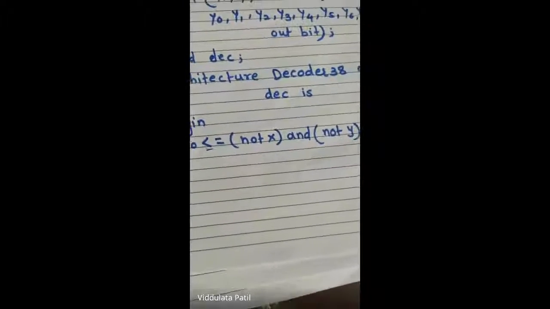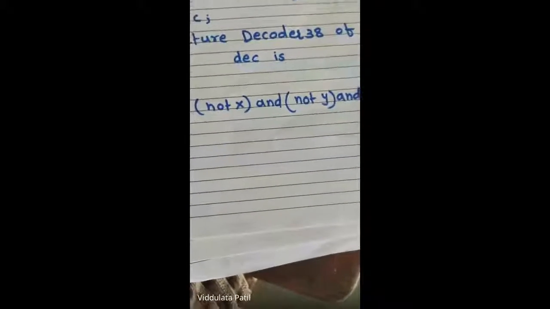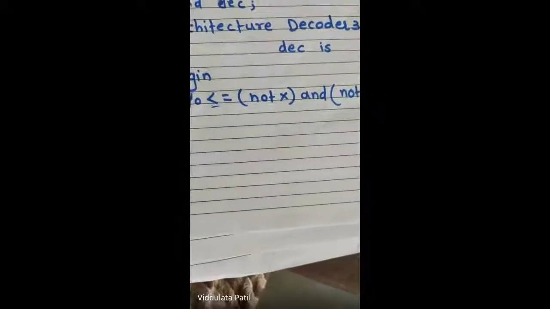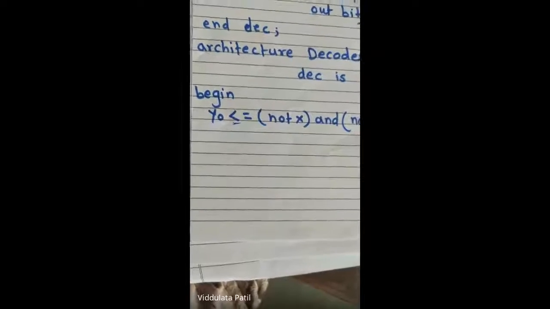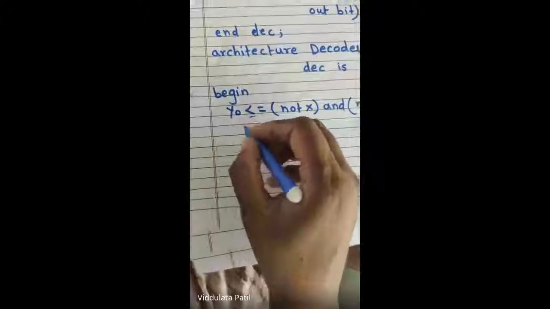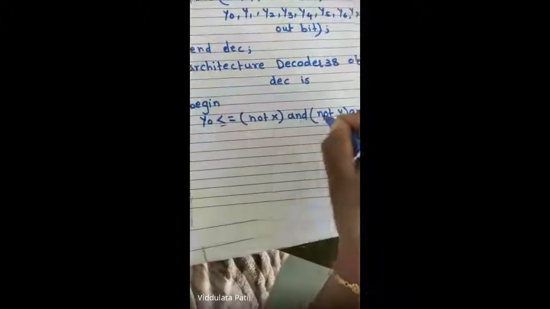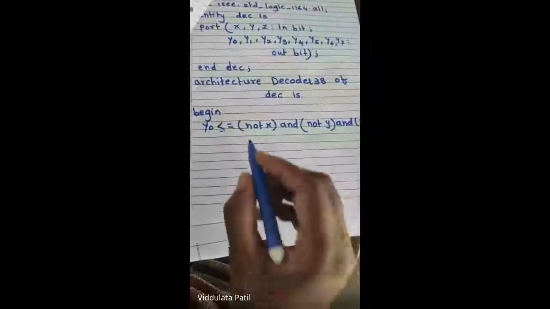Amruta is trying to enter this session, but I'm not able to admit her. So let us continue. So here we have Y0 that is assigned to not X and not Y and not Z. Remember that whenever you are using logical operations, you need to use these logical operators.